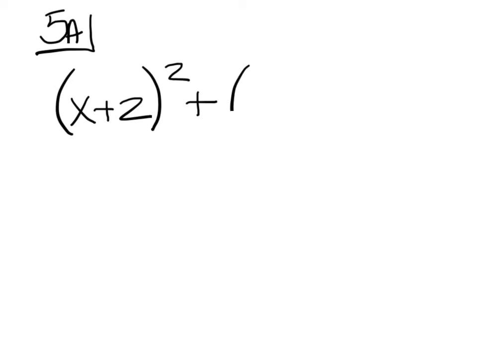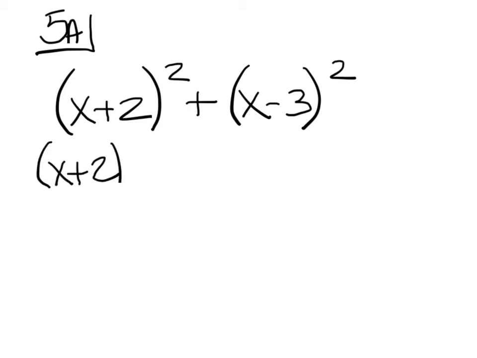This will be example 5a. Actually 4a, but we'll call it 5a. Quantity squared of x plus 2 plus quantity squared of x minus 3. You have to square the first quantity. Squaring the first quantity is the same as doing x plus 2, x plus 2.